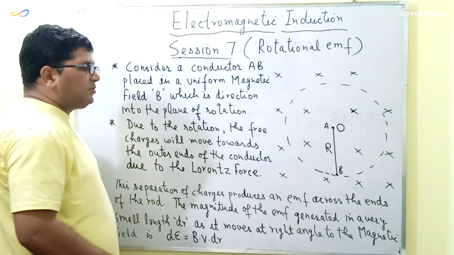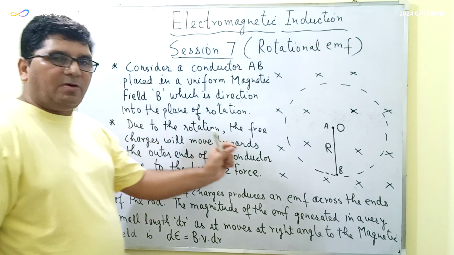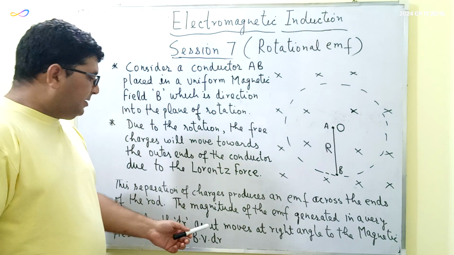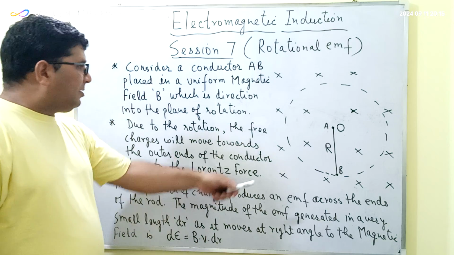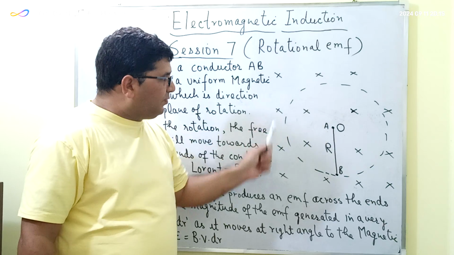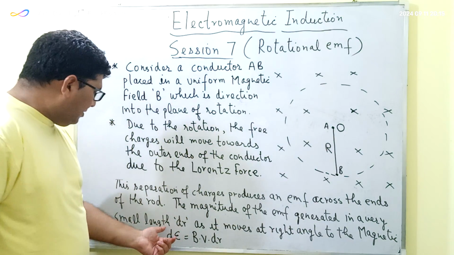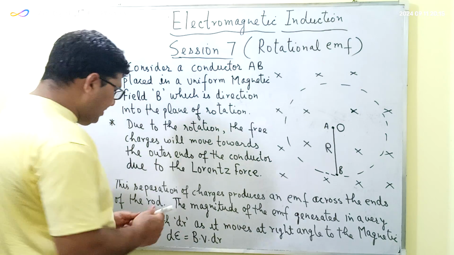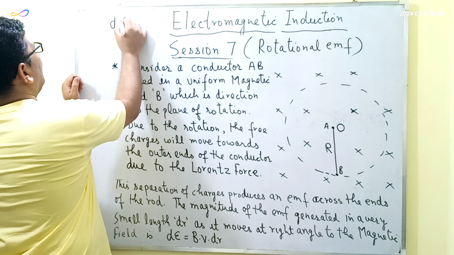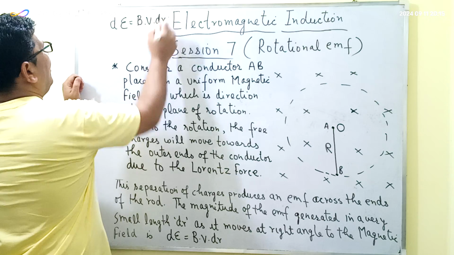Now, in order to find the total EMF which will be induced in this conductor, I will be considering a very small element of length dr, and as this conducting rod moves in this vertical plane, the EMF which will be generated in this small element of length dr, that is dE, will be equal to B into V into dr. Now here V is what?